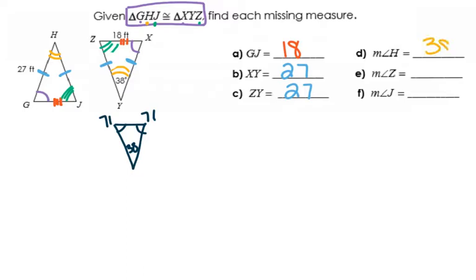Notice they're both in yellow, so it has to be 38. I just did the math, so angle Z and J are going to be 71, and J and Z are also going to be 71. Okay, and if you'll notice, if I add all 3 of those together, I still get 180. So an easy way to check your math.